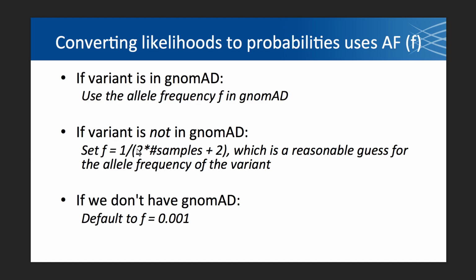If the variant is not in the gnomAD resource, it uses a default parameter, which we recommend that you change to represent the rarity of something that you wouldn't find in your resource. A good rule of thumb is to set the allele frequency for a variant that's not in the resource to 1 over 2 times the number of samples plus 2, because we are diploid. And if we do not have a known variants resource, you can set the allele frequency to the average heterozygosity of 0.001.